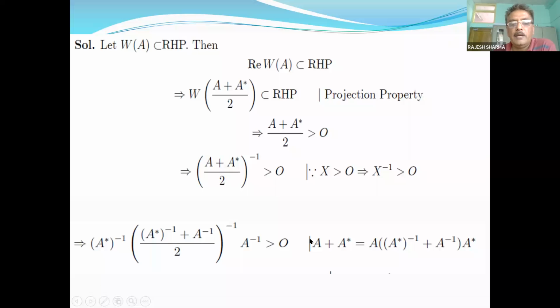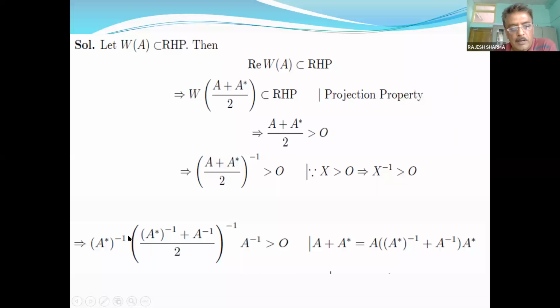So now taking the inverse of this, we get A star inverse, then ((A inverse plus A star inverse)/2) whole inverse, then A inverse. This is a positive definite matrix.